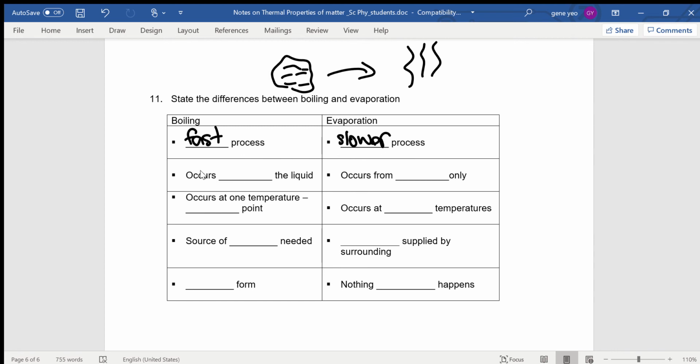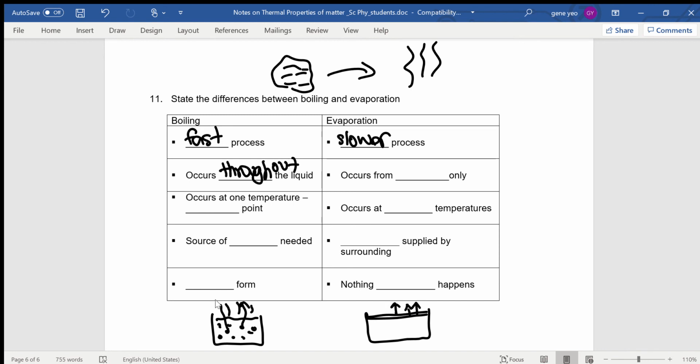Boiling occurs throughout the liquid. You can see the boiling process taking place throughout, because you can see the bubbles appearing as it boils. But evaporation only takes place at the surface. Whereas boiling takes place throughout the liquid.